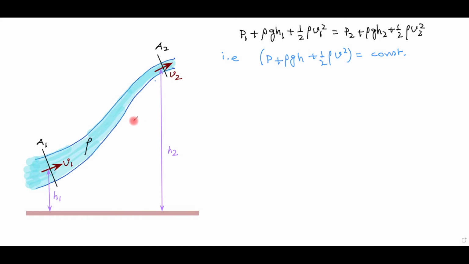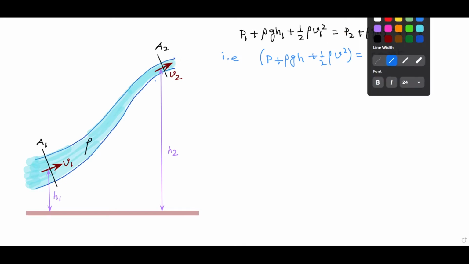Now let us prove this. We'll prove this by using work energy theorem. For that, we'll have to consider a discrete mass. Because this is a liquid and there is a continuous flow, so consider a discrete mass.